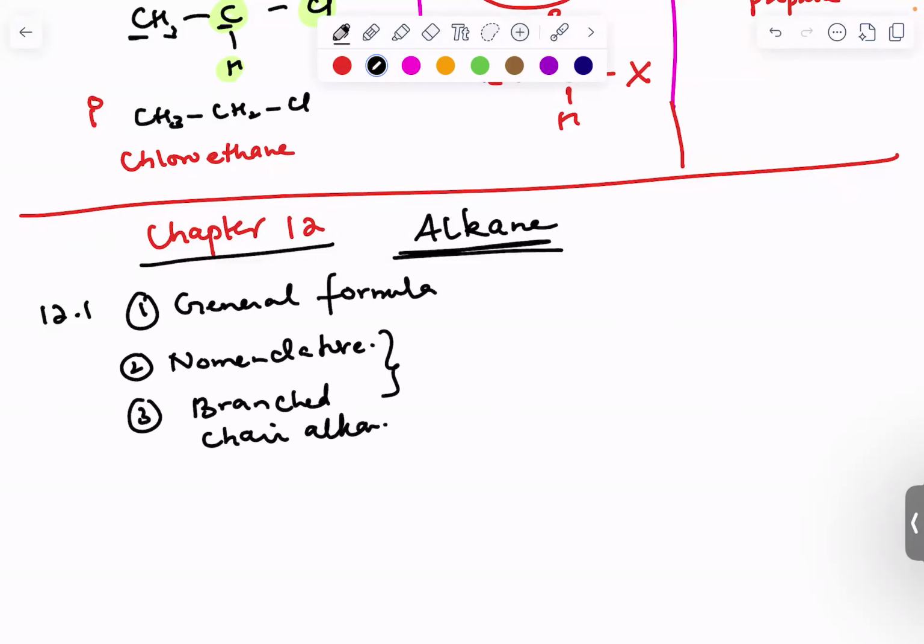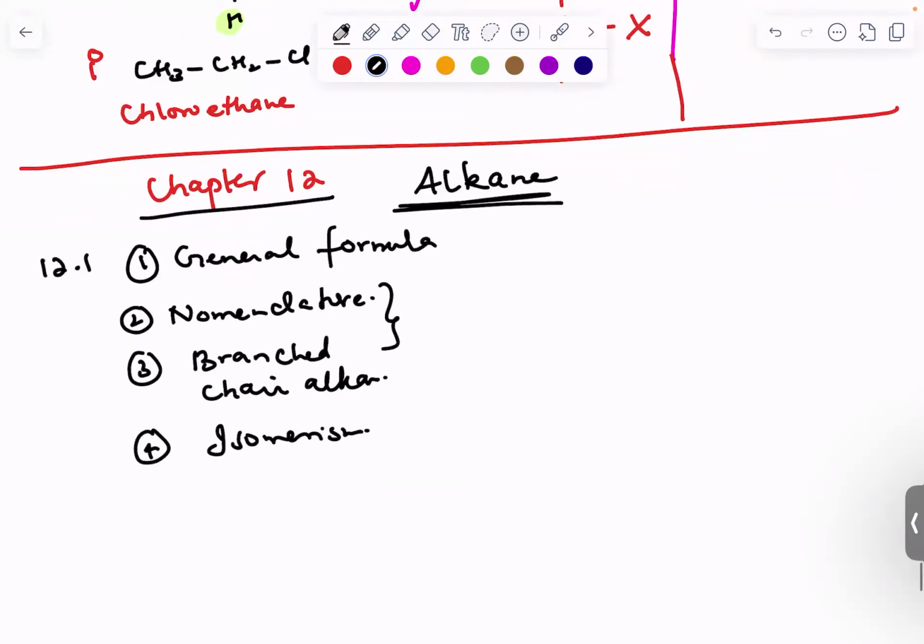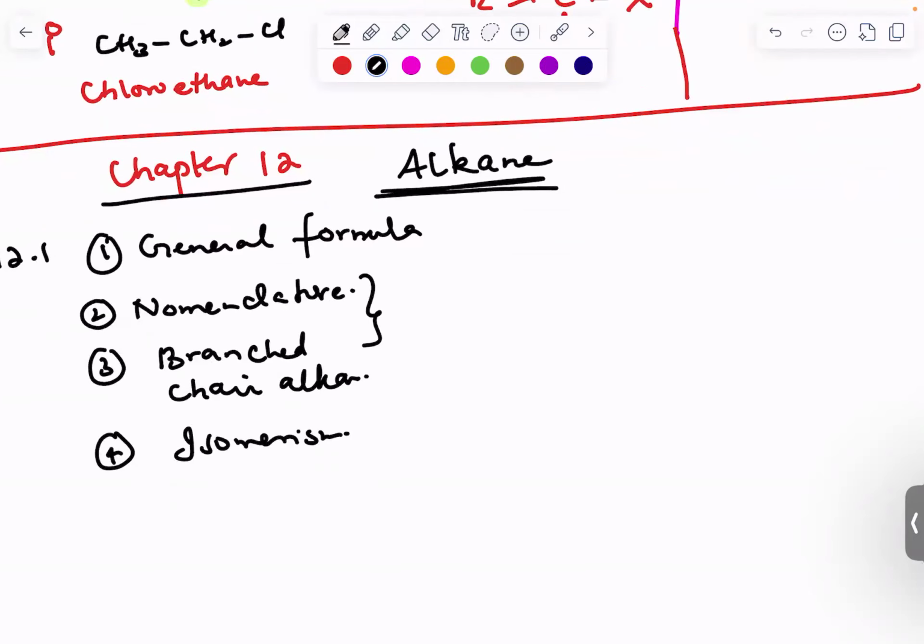And then after that, you can tell me about isomerism. We have done this. Although I am going to tell you in the form of skeletal formula today. And then we are going to discuss the physical properties.